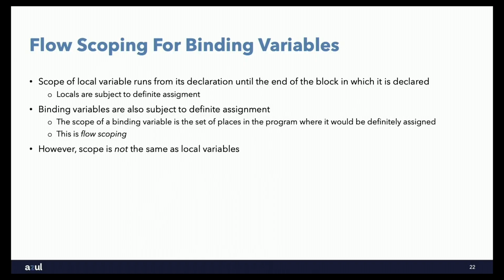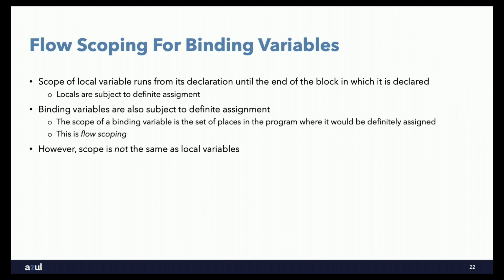Which brings us to the idea of how scoping works with our binding variables. We use what's called flow scoping. If you look at the way that local variables are scoped, scoping for local variables is from where that local variable is defined until the end of the block of code in which it is defined, whether it's a loop, a method, or just a block of code.